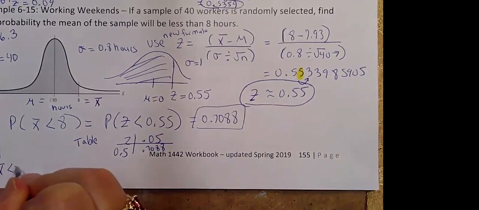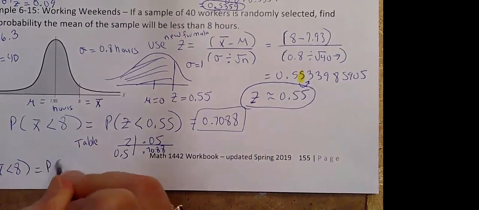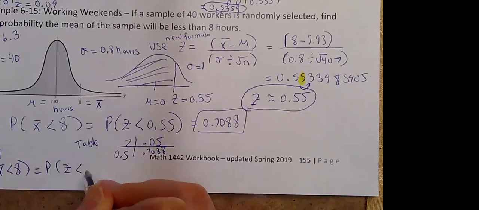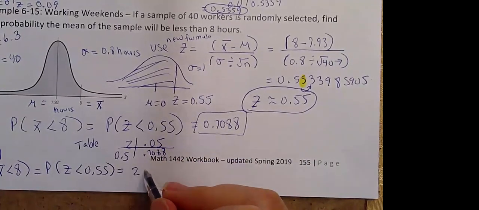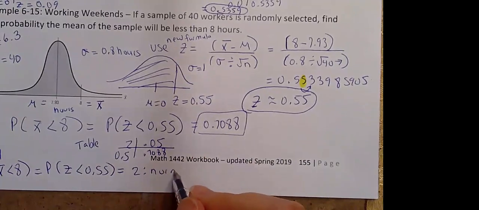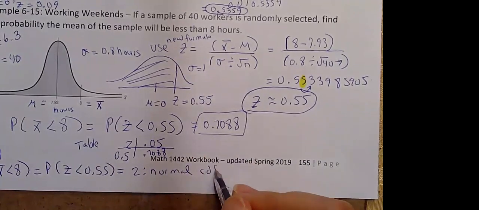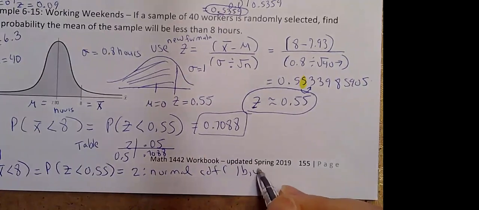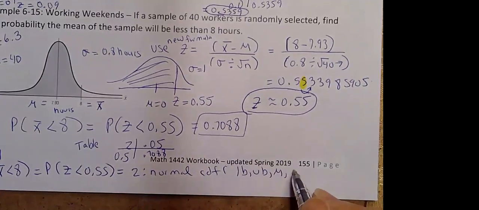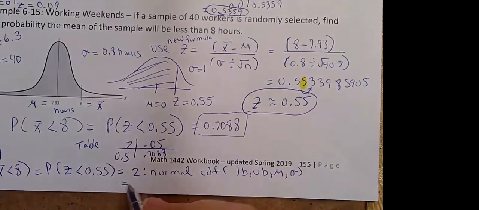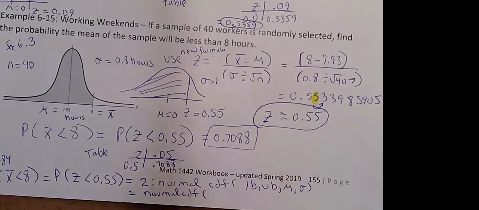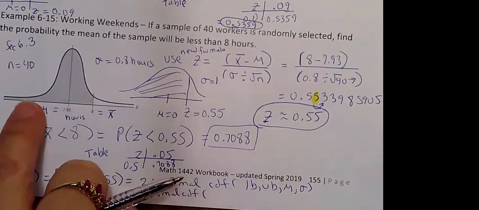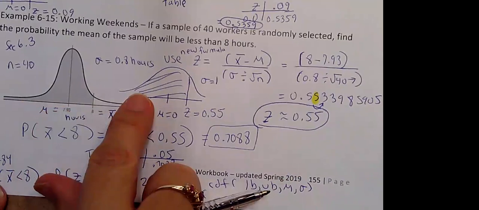Probability X bar is less than 8, which is probability Z, because you ran it through, is less than 0.55. And remember we're using 2nd normal CDF: lower bound, upper bound, mu, and sigma. Remember you read graphs from left to right. Be careful, you're not reading the original, you're reading this one.